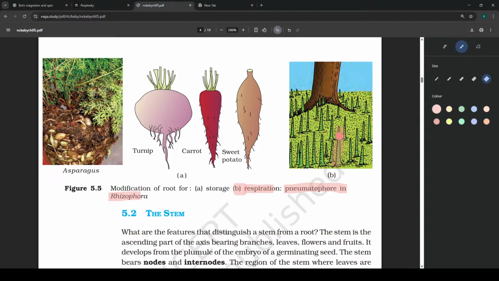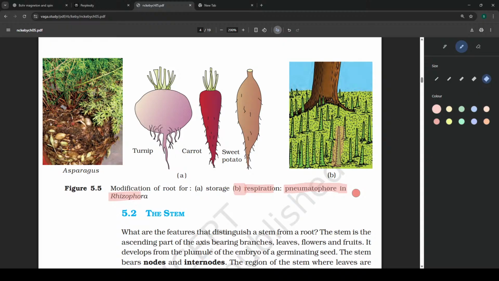They have numerous pores, and these structures are called pneumatophores here, and they help in respiration of the root, gas exchange basically. The plant's leaf cannot perform this gas exchange, as the gas exchange performed in the leaf is used for photosynthesis.